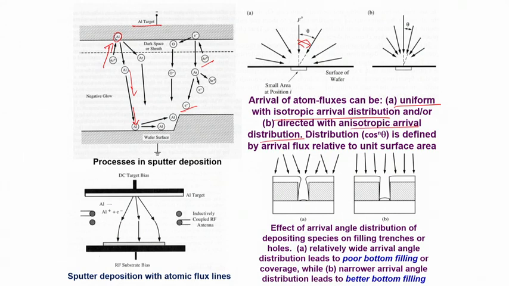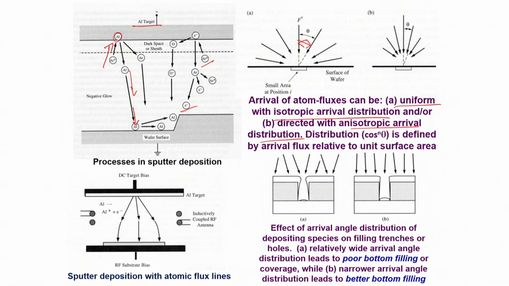That means in certain cases I want normal deposition with certain area coverage, or I can make it an inclined arrival at an angle, and there the deposition will be different, and that may be required in a situation like this.